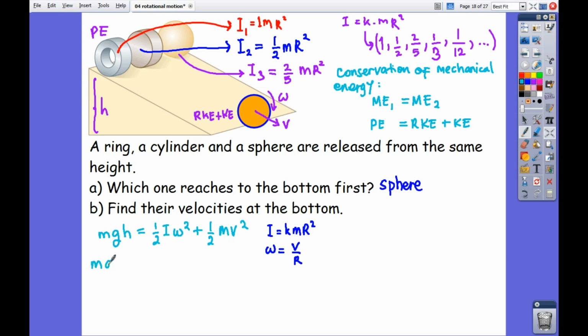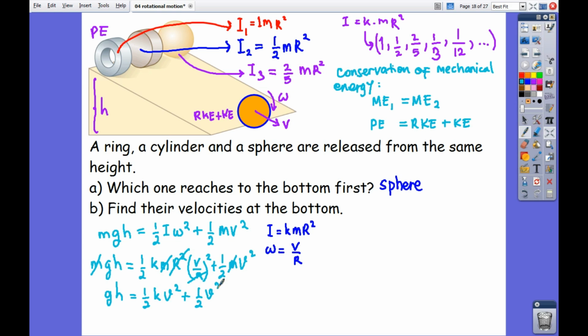So m g h equals half k m r squared times (v over r) squared added by a half m v squared. So we can cancel r here, and also we can cancel mass. So it's only left a half k v squared added by a half v squared.